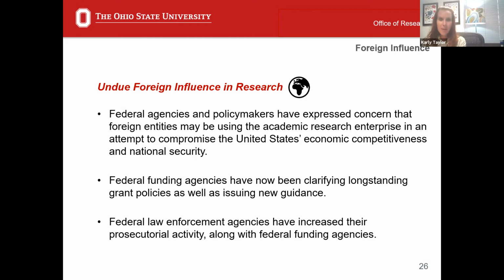And so when we talk about foreign influence and what is this, it's not that this is a new notion at all, it's just been really highlighted by the federal government the last 3 years.